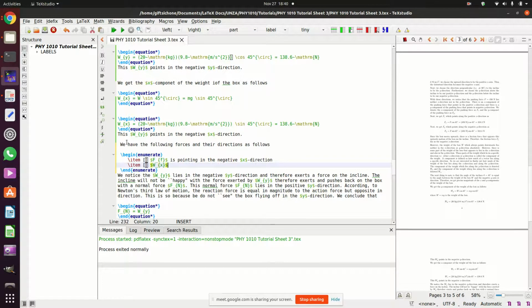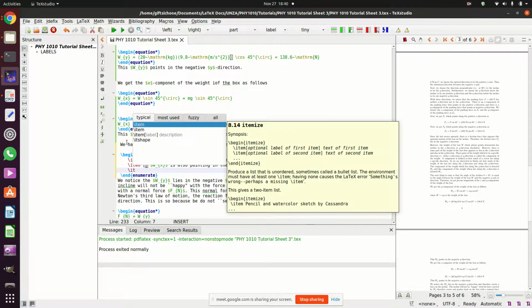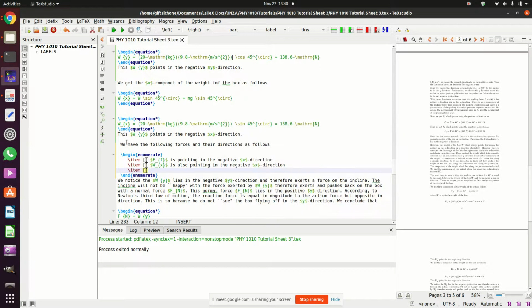Then we have the force Fx, the x component of F, pointing in the positive x direction.